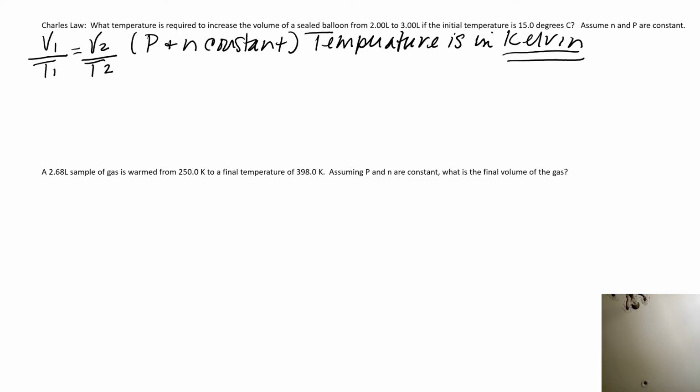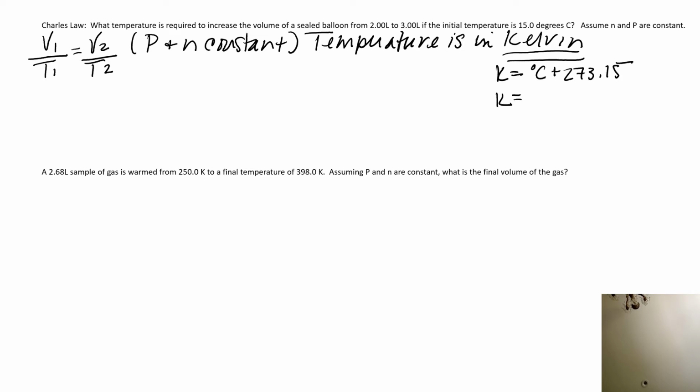So in this example, we are determining what temperature is required to increase the volume of a sealed balloon from 2 liters to 3 liters if the initial temperature is 15 degrees Celsius. So we have temperature, as I said, so we need to convert our degrees Celsius to Kelvin, and that conversion is degrees Celsius plus 273.15.